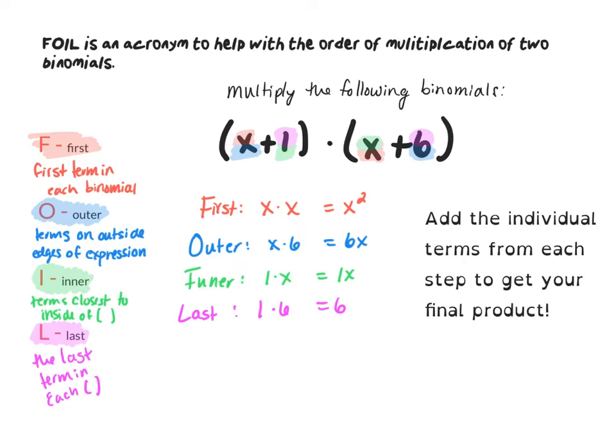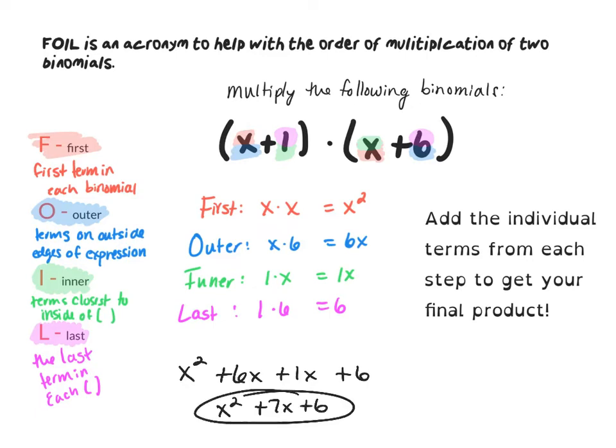So if we were actually going to write our final answer, we would take the x squared and we would add it to the 6x's, and we'd add 1x, and we'd add 6, which would give us x squared plus 7x plus 6. So that'd be the final product. And again, all we're trying to see is that this term, the x squared, was our F term.